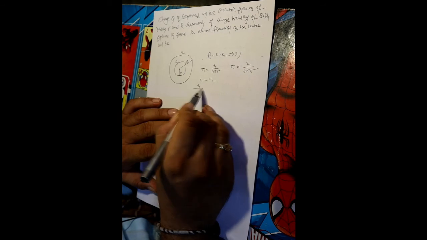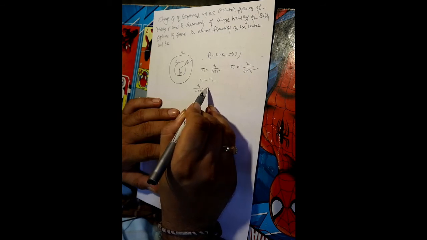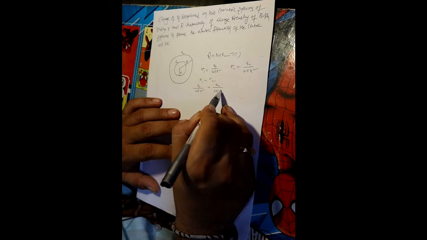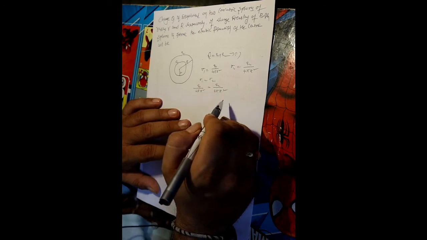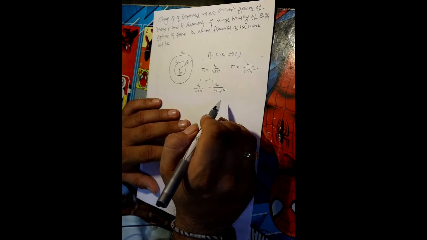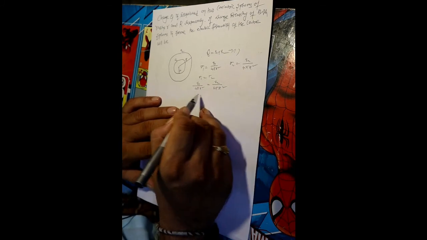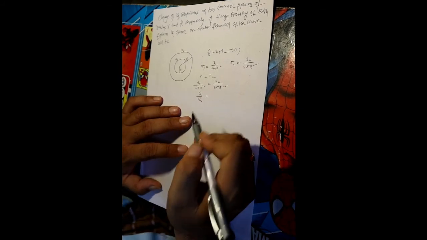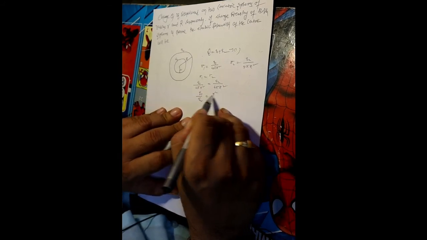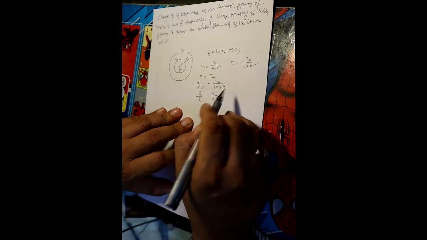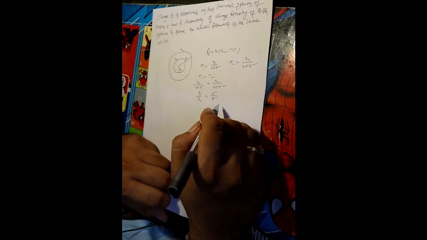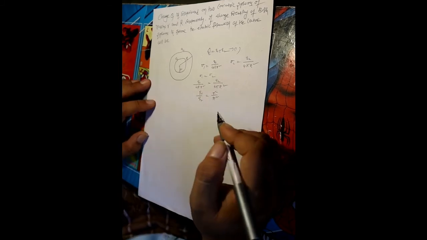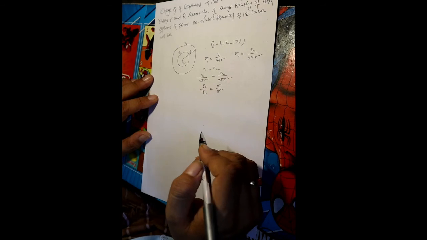Now Q1 by 4 pi r square is equal to Q2 by 4 pi capital R square. Now we get Q1 by Q2 is equal to small r square divided by capital R square. Right. Now we want to find out Q1 and Q2.